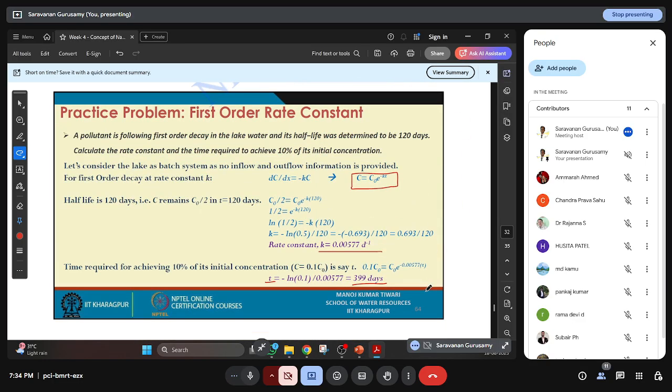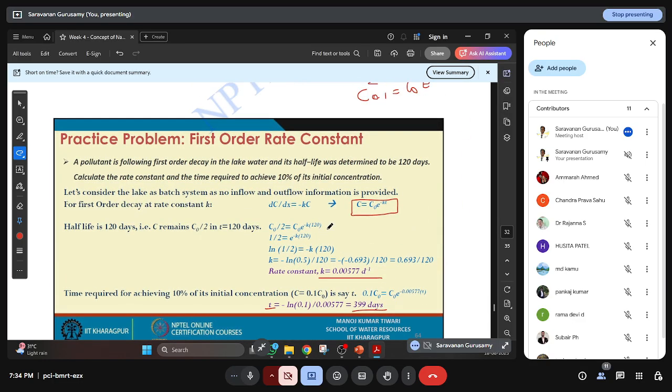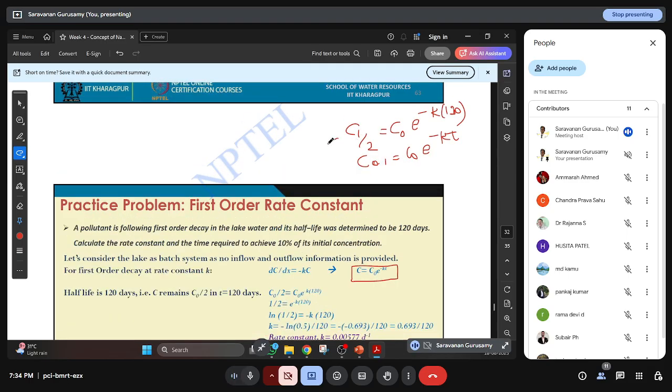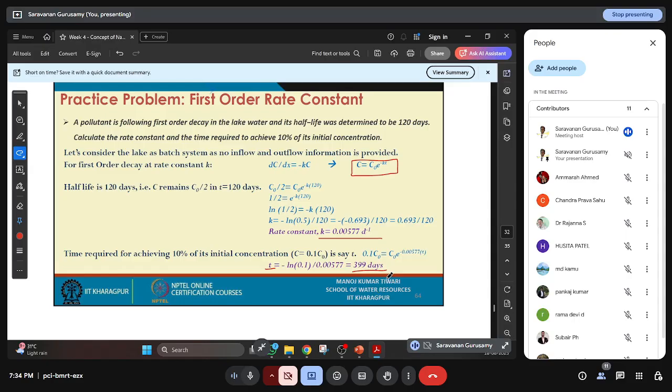So how to use this formula? We know C half is initial by 2. If it is 100 it will be 50, if it is 200 it will be 100. So this is a known value. So here the unknown is only k. If you find the k and substitute here, you will get the t value.